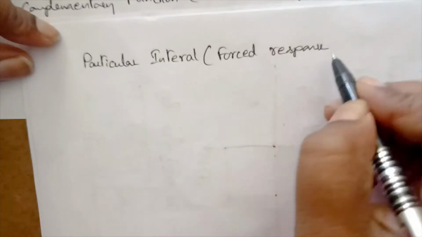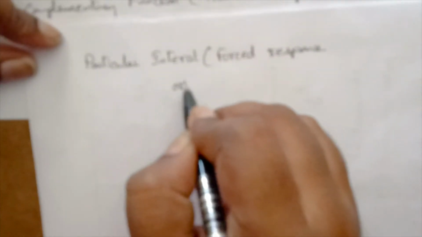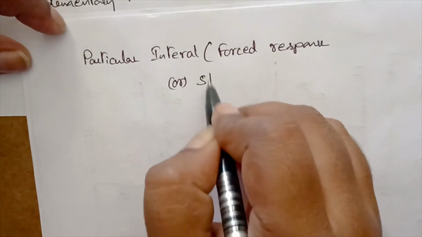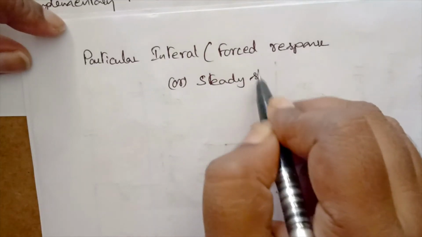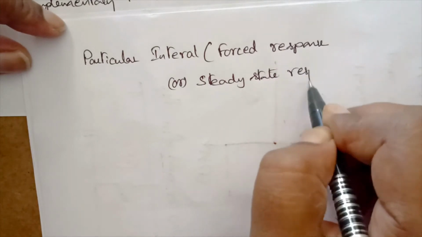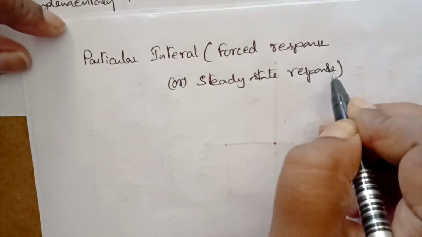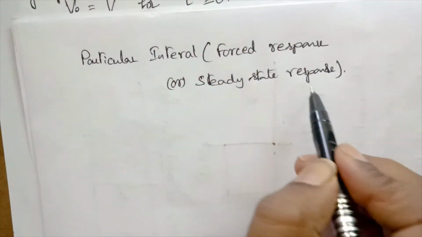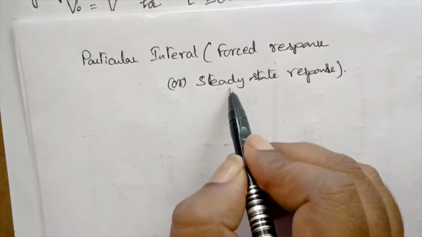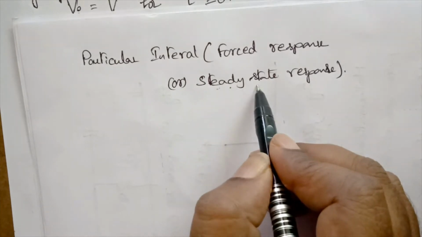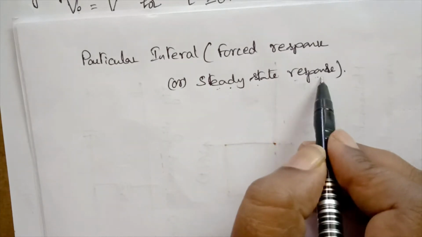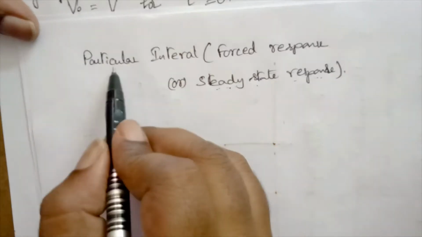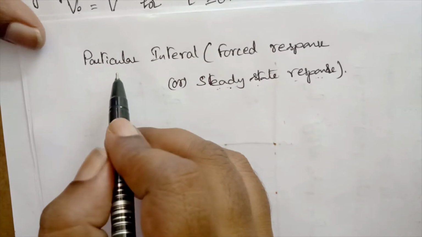It is also called the steady state response. What do you mean by steady state response? The response at the steady state, steady meaning when it becomes constant. That means the output becomes constant, and we call it the steady state response.